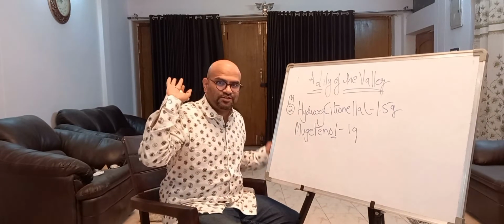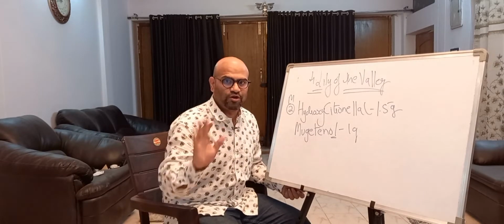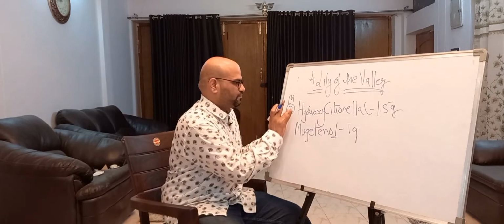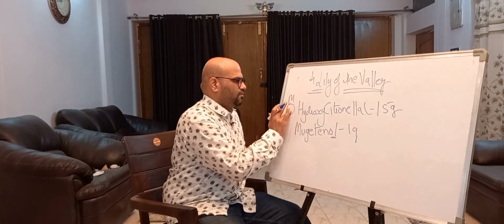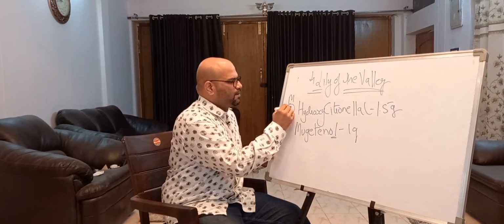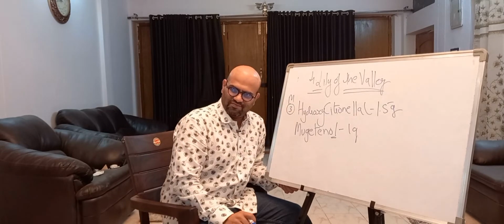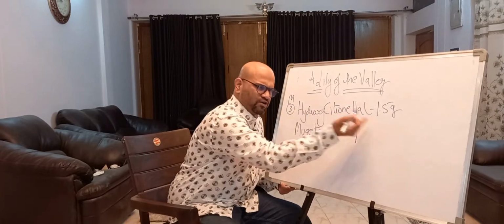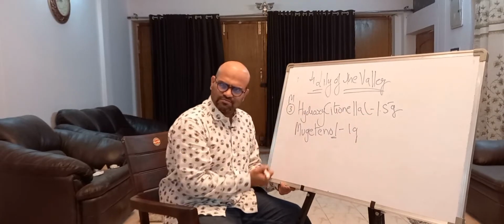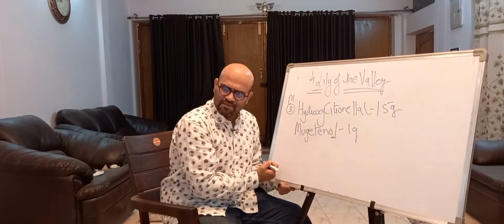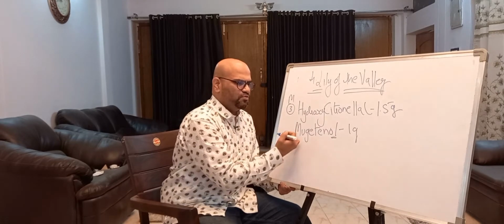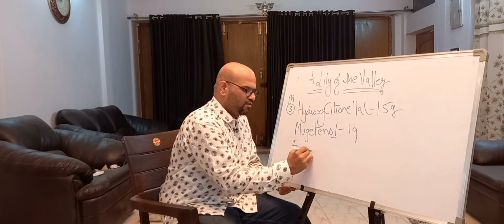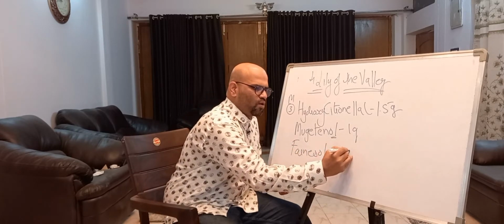Okay. Please pay some attention. I'm talking about something which is going to be there for the rest of your life with you. Okay. So we have two ready. Now M3. In M3, we are going to take the same hydroxycitronellal 1.5 grams, muguetanol 1 gram, and farnesol 1 gram.